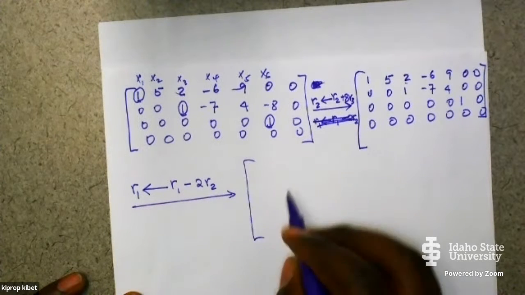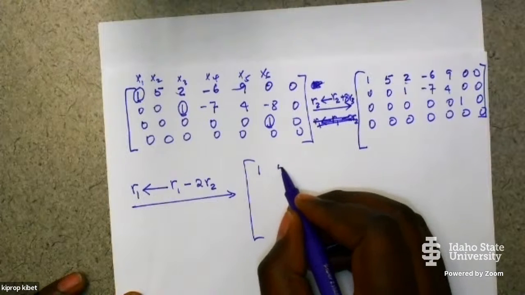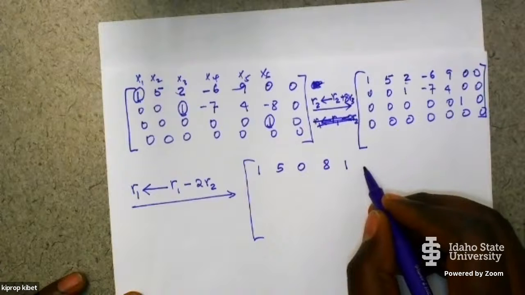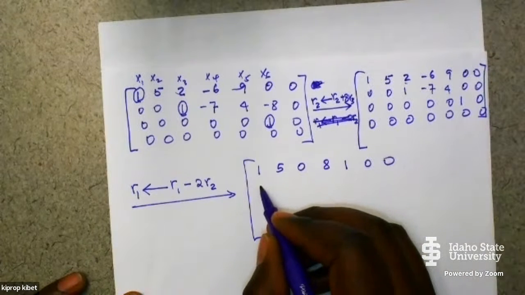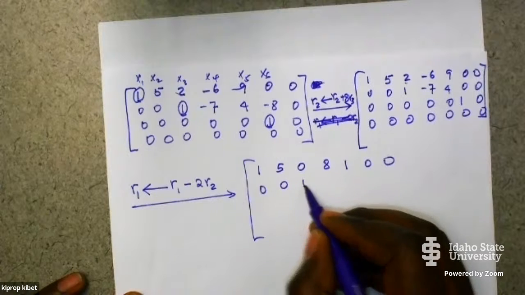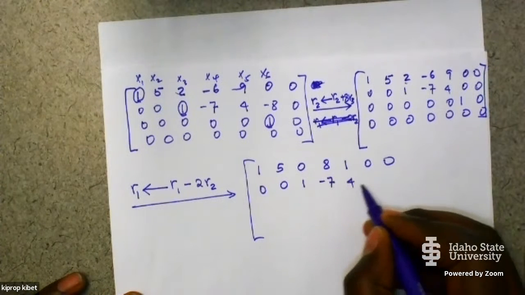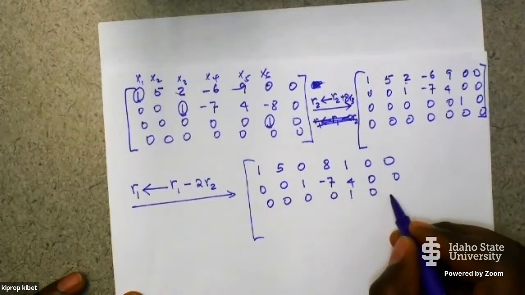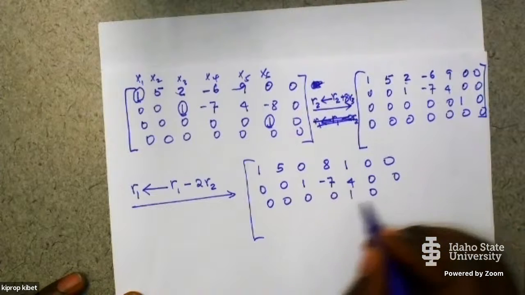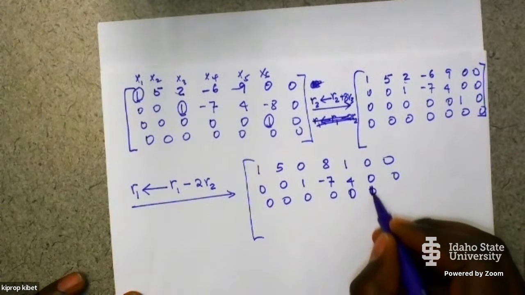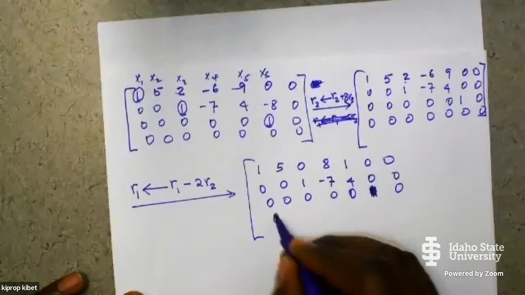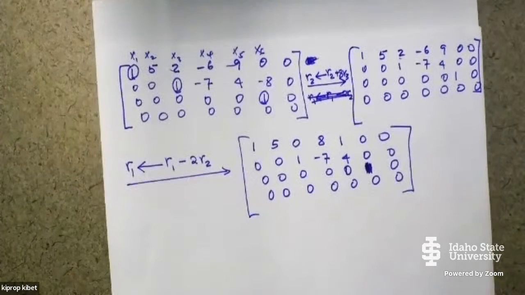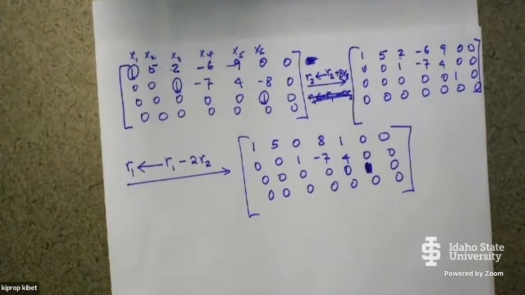What we get is 1, 5, 0, 8, 1, 0, 0, then 0, 0, 1, negative 7, 4, 0, 0, and then 0, 0, 0, 0, 1, 0, and the remaining rows are zeros. So that is what we get.